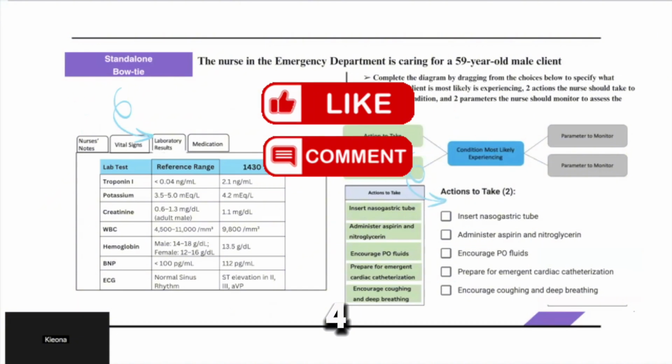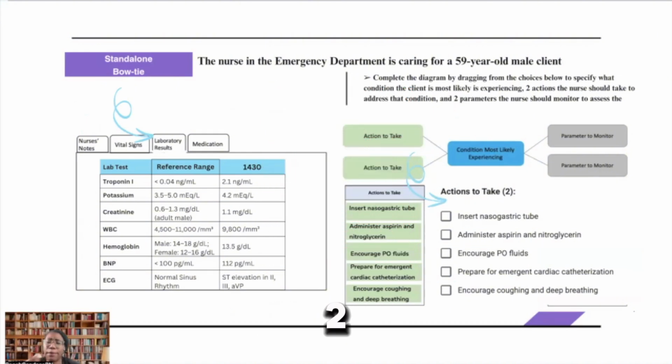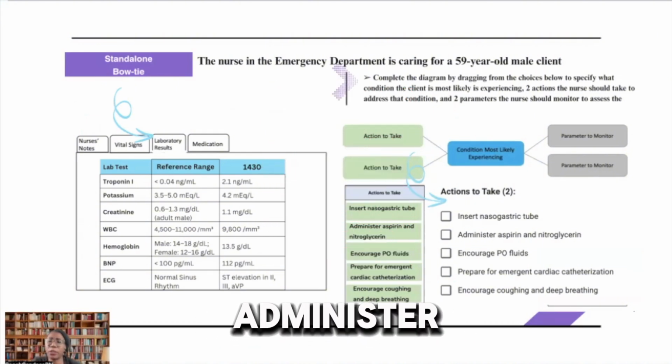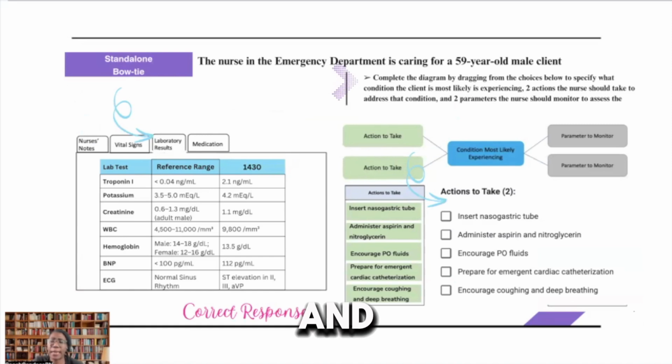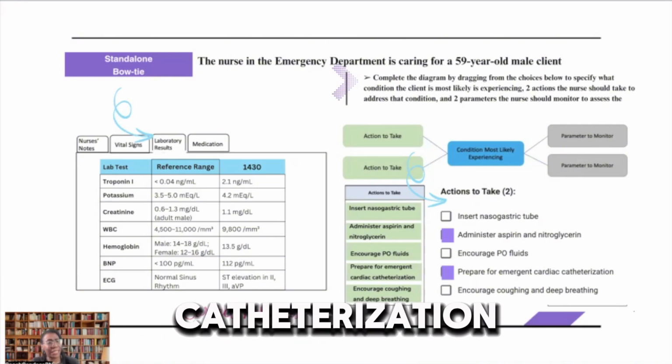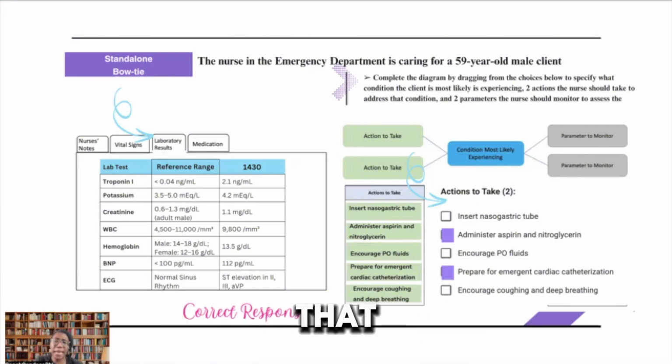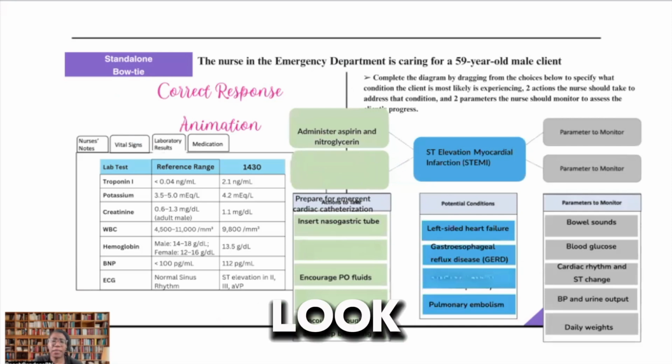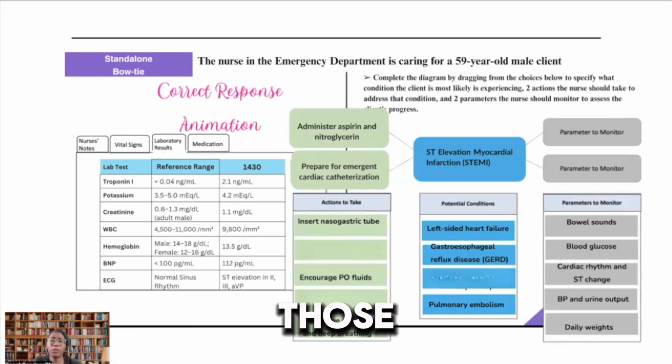Two and four. Which one? Two. So administer aspirin and nitroglycerin. Yes. And then the other one, you said four, prepare for emergent cardiac catheterization. Absolutely, Kiana, that is correct. What does that look like? You're clicking and dragging those two options up into the bow tie.